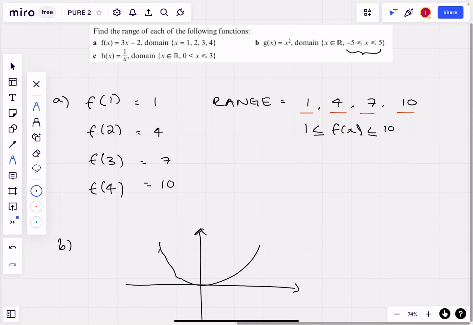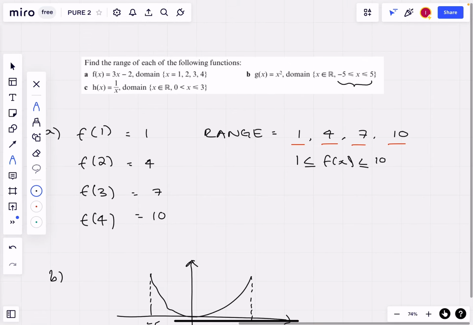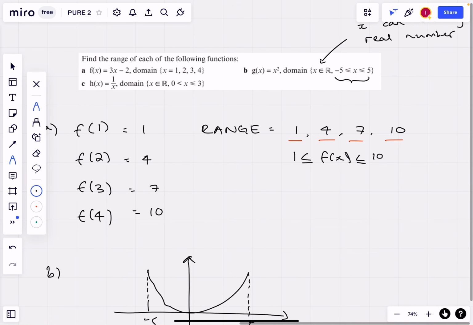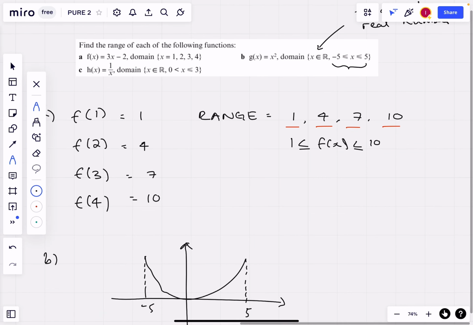So this will be -5 and this will be +5. Okay, this notation here means x can be any real number or value. Okay, so any value provided it's within -5 to 5.